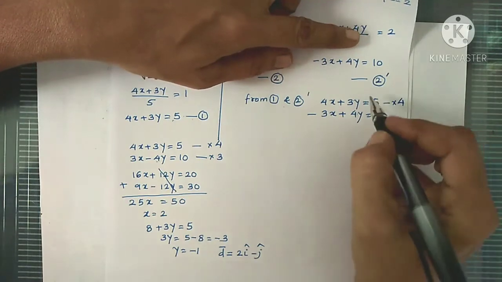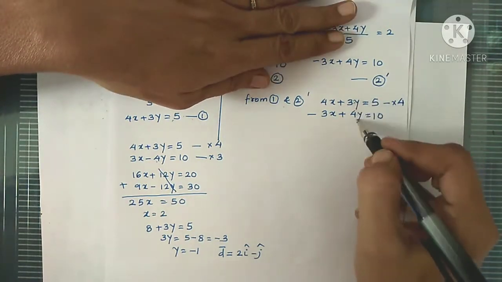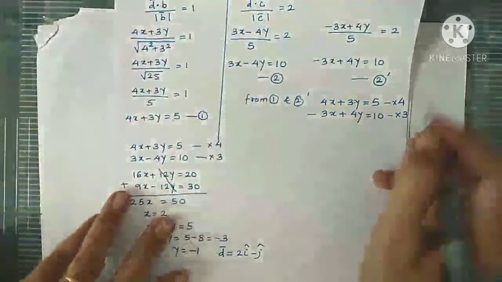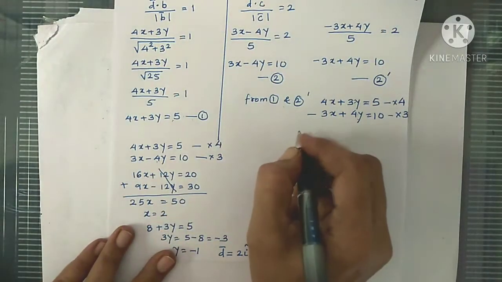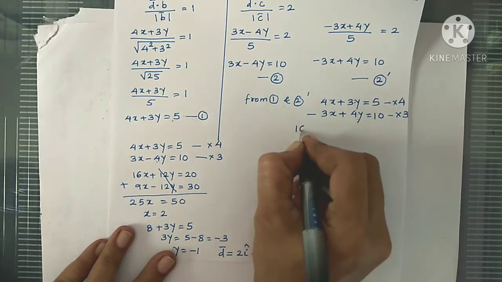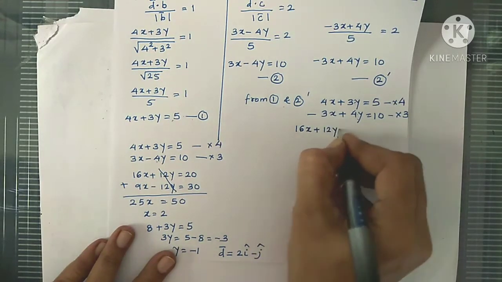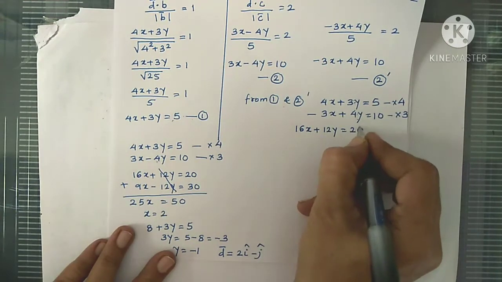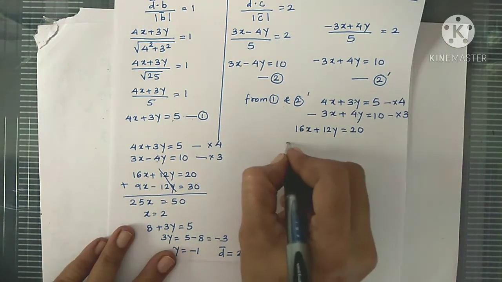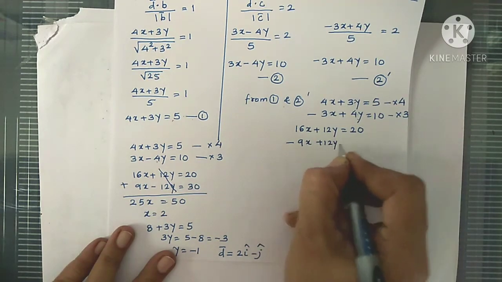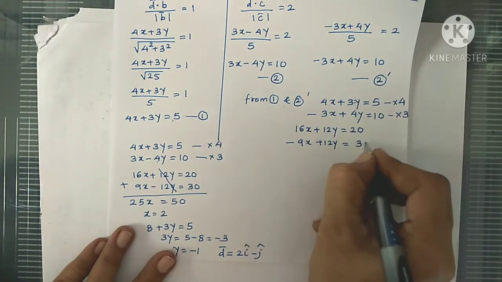I am again equating coefficients of y. So here multiplying this by 3, we will get 12y in both the equations, and here we have to subtract now. So this becomes 16x plus 12y equal to 5 into 4, 20. Here multiplying by 3, we get minus 9x plus 12y equal to 30.